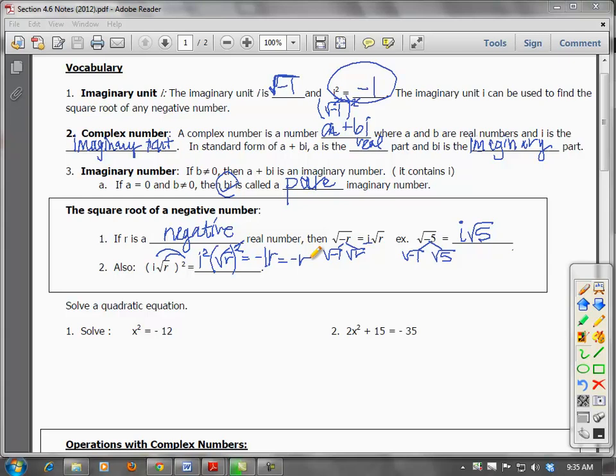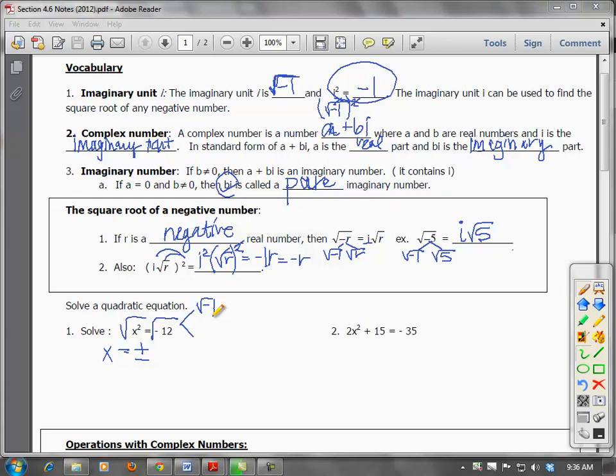Let me show you realistically how you're going to use this i. What I'm going to do is solve an equation like in number 1. To get rid of this squared, we square root. Now, when you square root an answer, go back to yesterday, you get a plus and a minus. Now, I'm going to break this up, and I have the square root of -1, so I take the negative out.